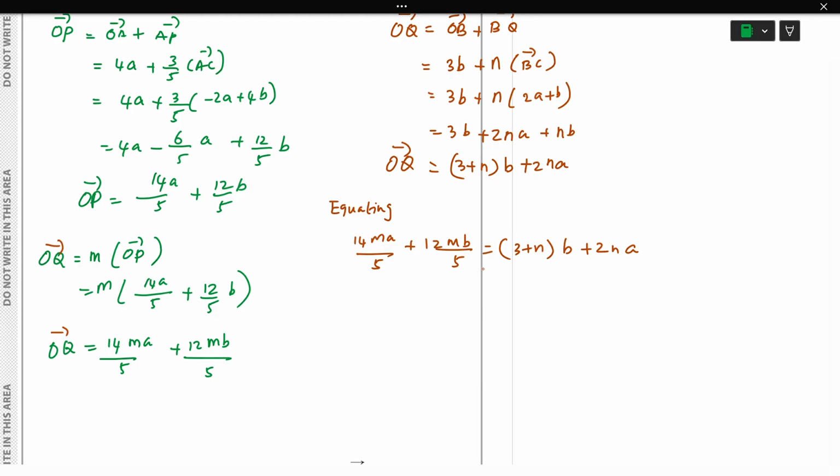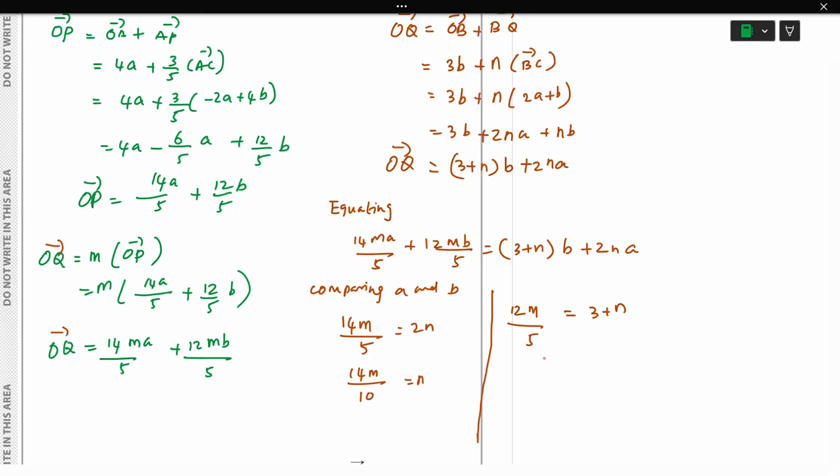Now comparing both sides, comparing A and B. First the A terms: 14M over 5 equals, on the right side, 2N. This is my A term. And the B term when I compare: 12M by 5 equals 3 plus N. From here, on the left side, I'll make N the subject, so 14M by 10 equals N.